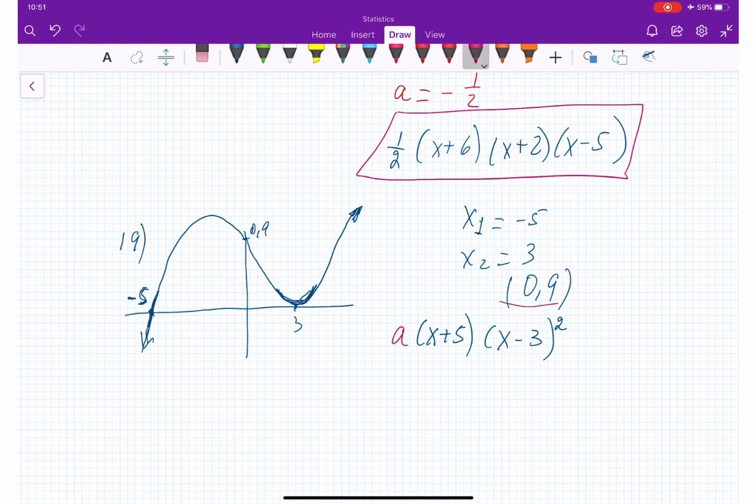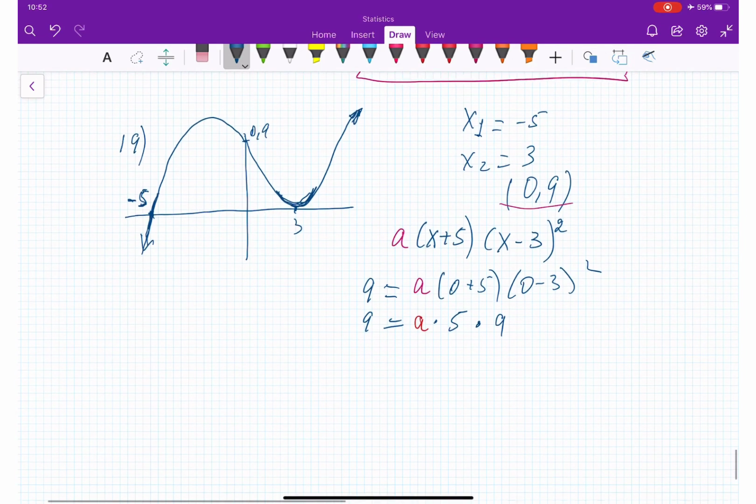Okay. Now what we have left is to figure out our coefficient a. For that, I'm going to use 0, 9. Let's see, 9 is equal to a times 0 plus 5, 0 minus 3 squared. So 9 is equal to a times 5, and then times negative 3 squared is 9.